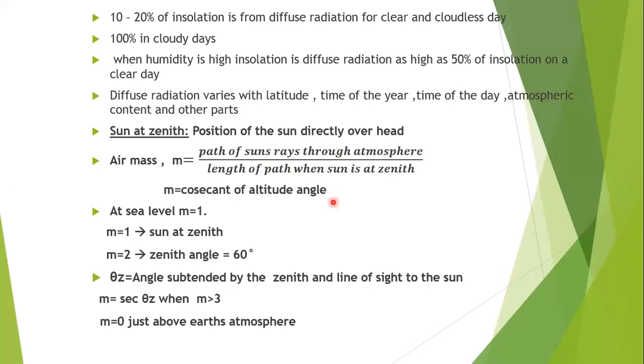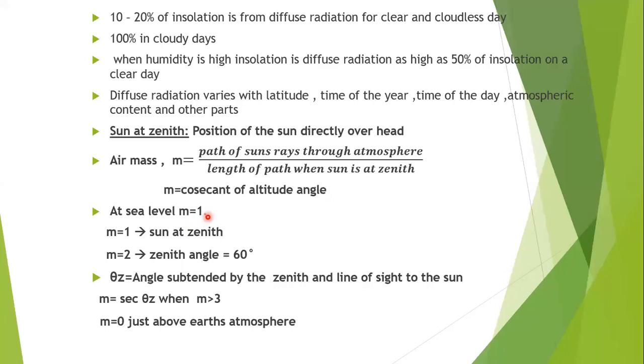So m is taken as cosecant of altitude angle, except for low solar altitude angles. For low solar altitude angles, m is not taken as cosecant of altitude angle. For high or medium solar altitude angles, we can consider m as cosecant of altitude angle. So if you observe different levels, at sea level, m is equal to 1.